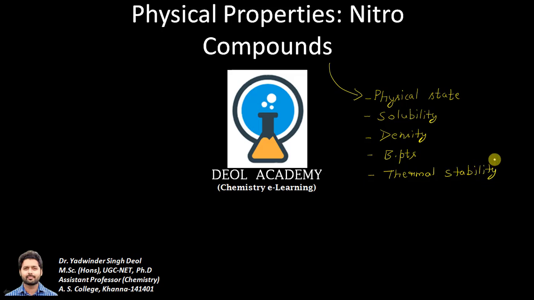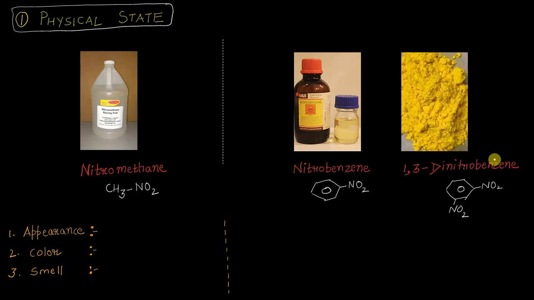So let's get started. As you can see here, the first physical property is the physical state. By physical state, we mean what type of appearance, what type of color, and what type of smell any particular chemical compound is having.